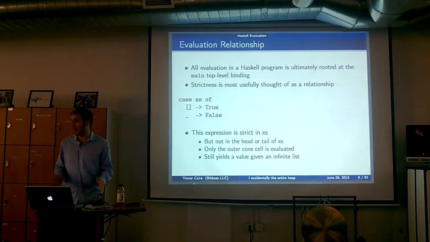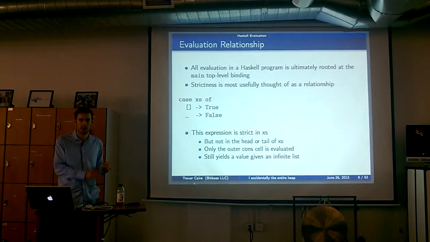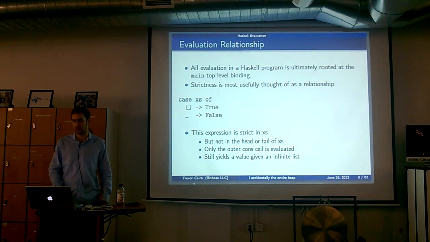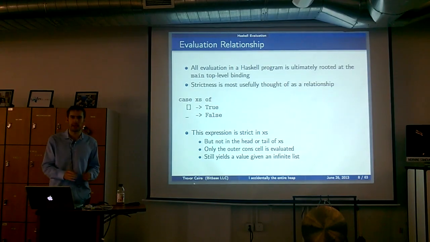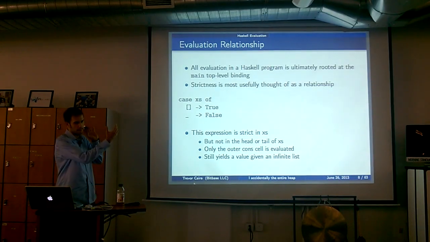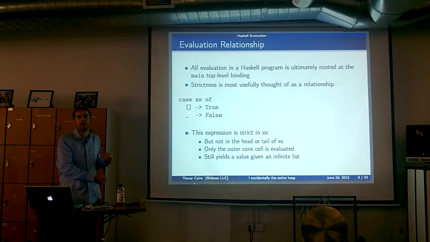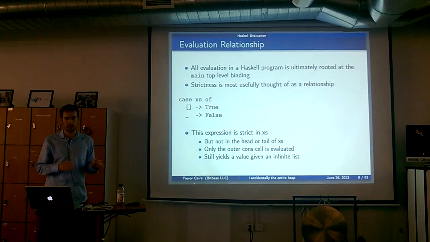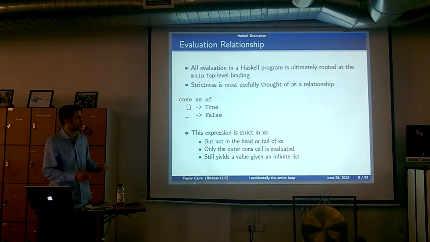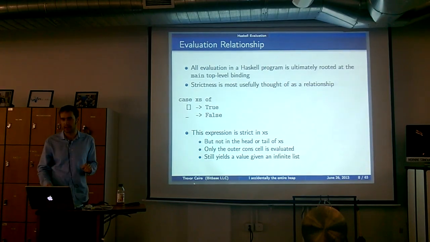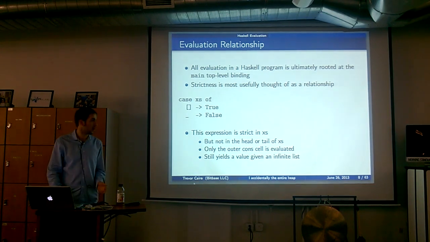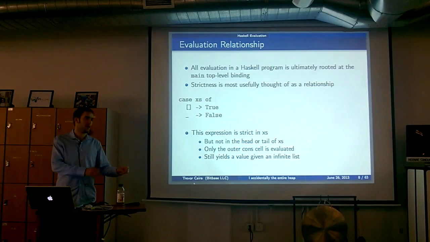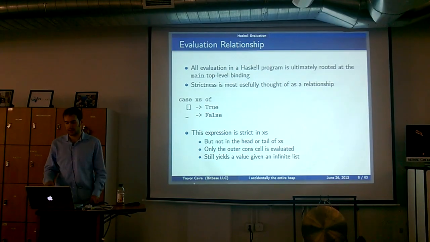So if you're writing a library, or talking about a part of a program, it's more interesting to talk about strictness and evaluation as a relationship, i.e. if my function is evaluated, then which of its arguments are evaluated, rather than speaking in absolute terms, because of course if that function is never referred to by main, then it never gets called, and it never happens. And furthermore, you can then reason about it as an argument to other functions, etc.